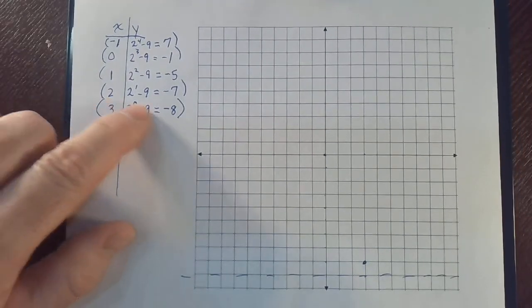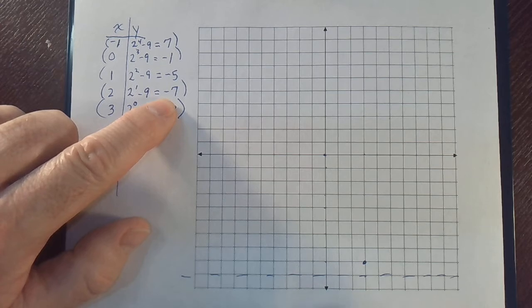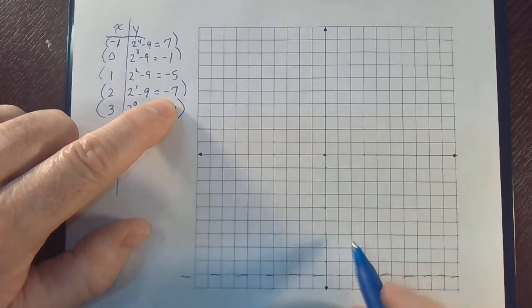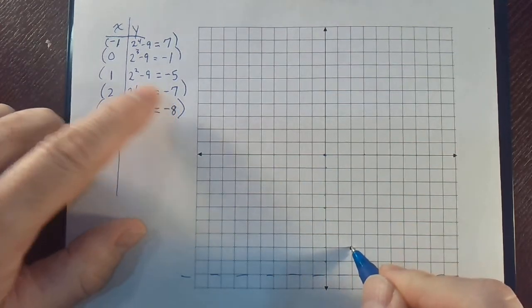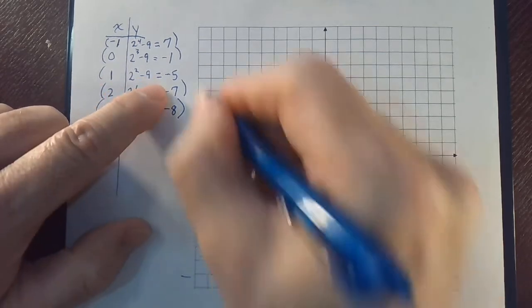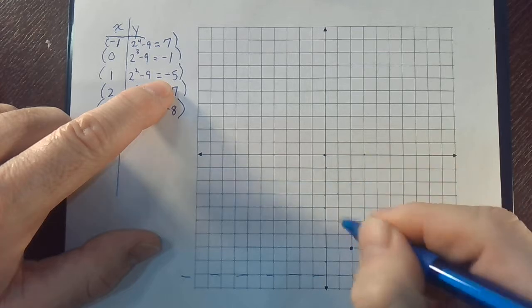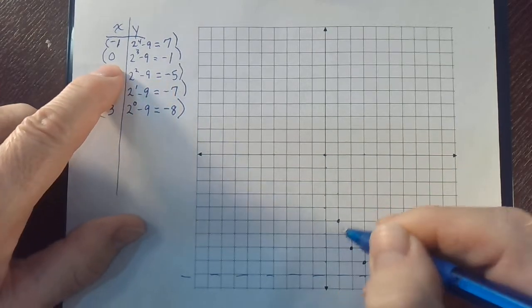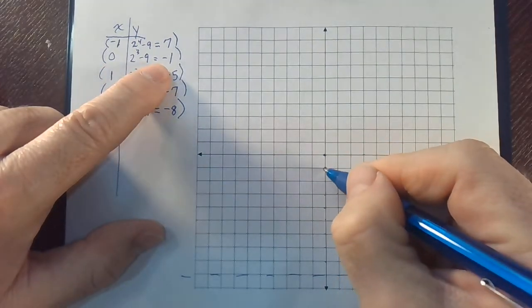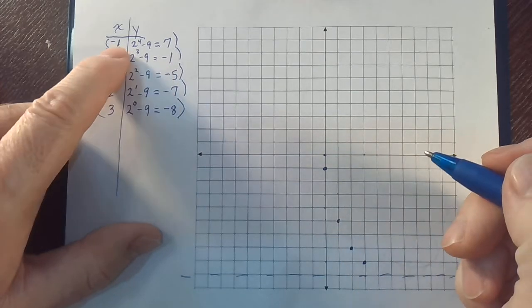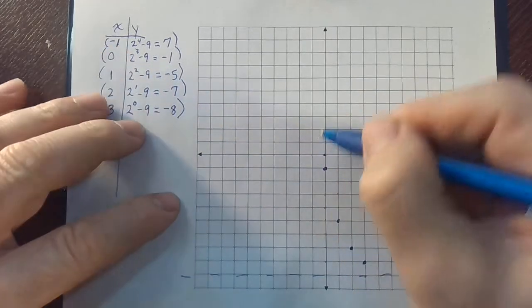Okay, so 2 is going to be a negative 7. So 2 goes down to negative 7. 1, comma, negative 5. 1, 2, 3, 4, 5. 0, comma, negative 1. Negative 1 jumps way up to 7.